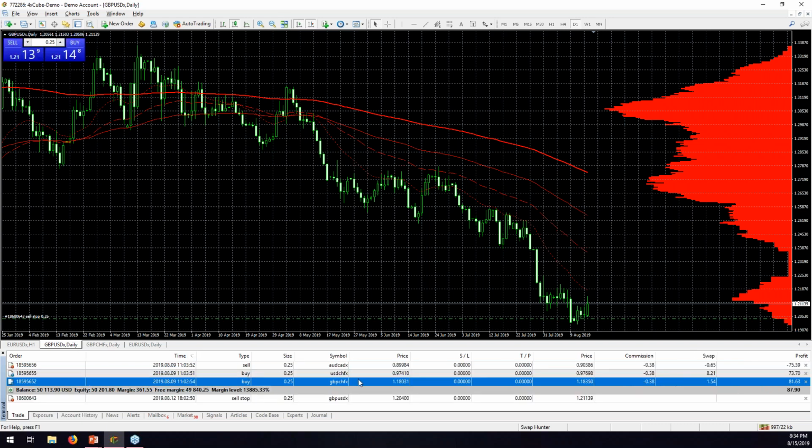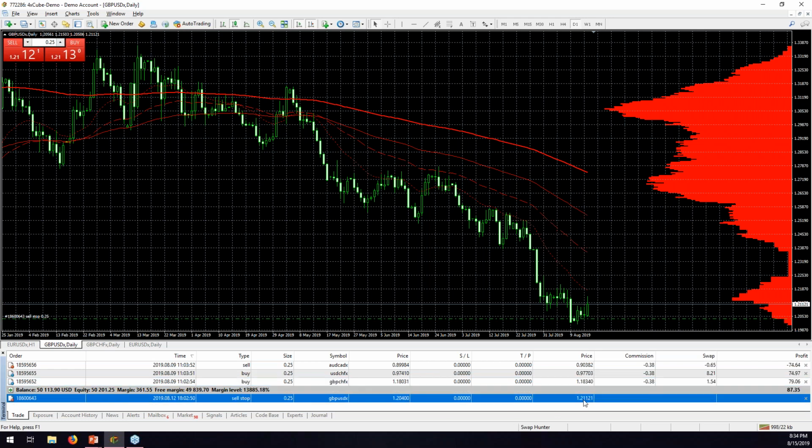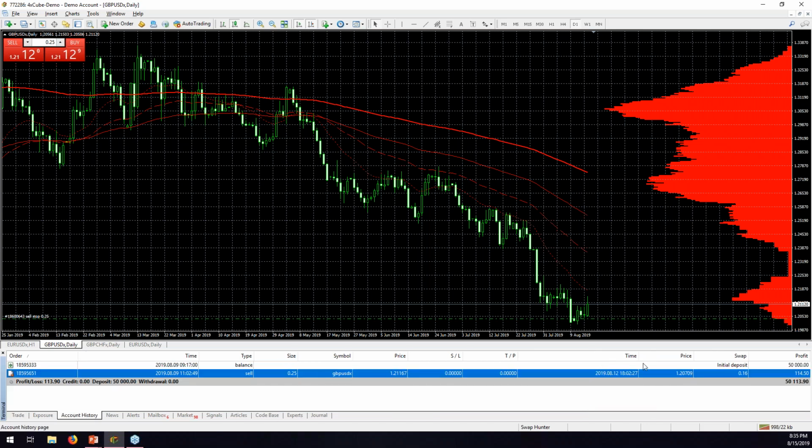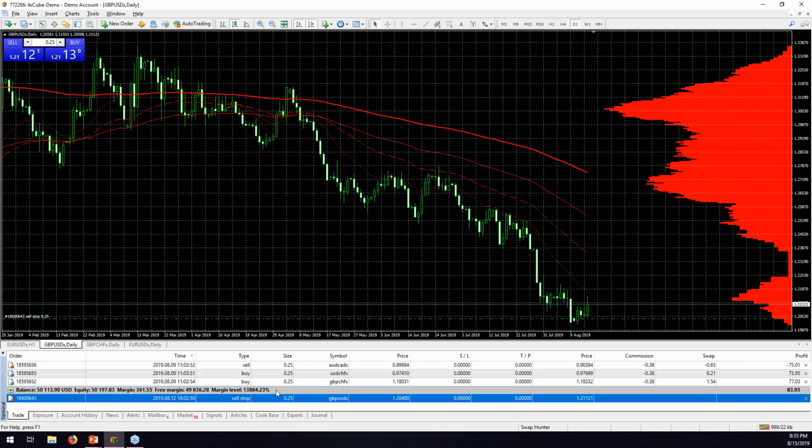And it was a good decision because the current price right now on GBP USD is 1.2112. So I made myself around 100 odd pips on this short side of the hedged trade.